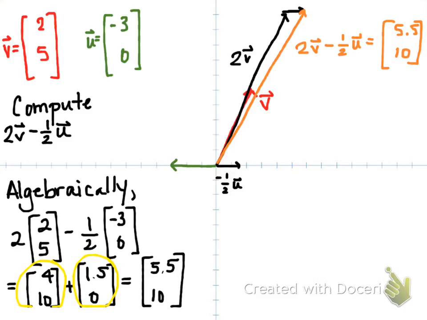It works in 2 and further dimensions. I know it's harder to visualize what a 4-dimensional vector might look like. So make sure that you read in your book about all the properties of vector addition and scalar multiplication, thinking about what the 0 vector looks like and what all the properties are called.